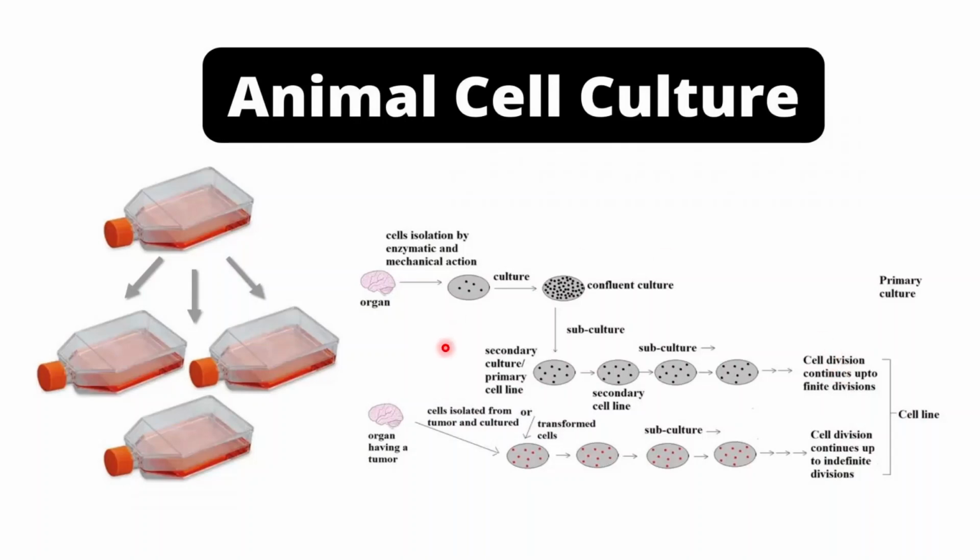However, if you isolate the cells from an organ having a tumor, they will show this property, that is they can be grown indefinitely in culture. That is, they can be grown for a number of times in culture, and this cell line is said to be a continuous cell line, because you can go on proliferating them, dividing them, culturing them in the culture plates. So this is the difference between a finite and a continuous cell line.